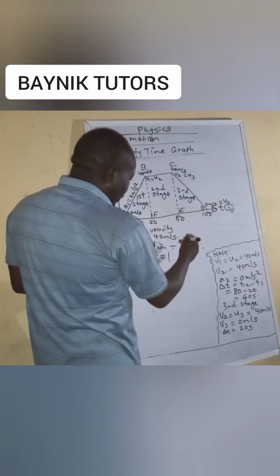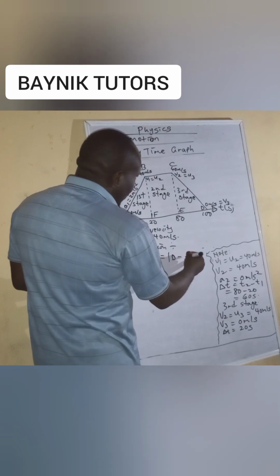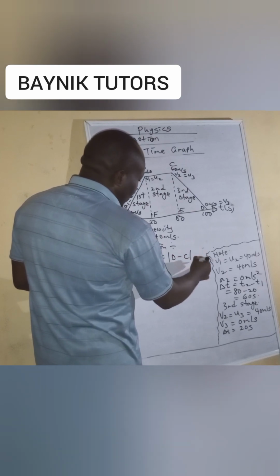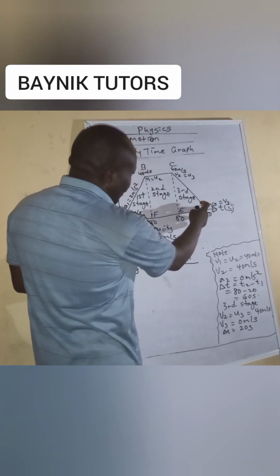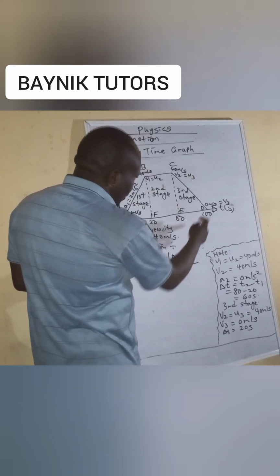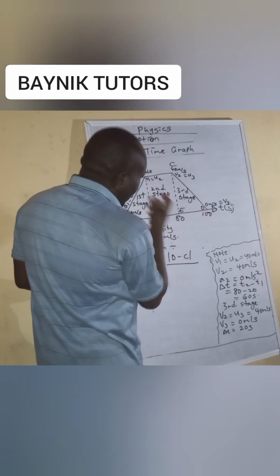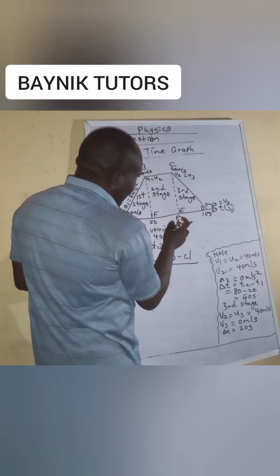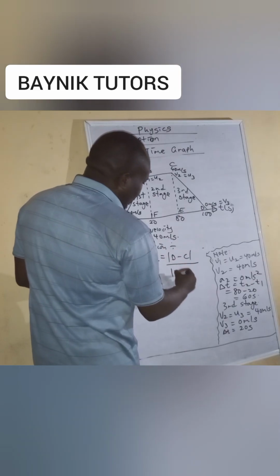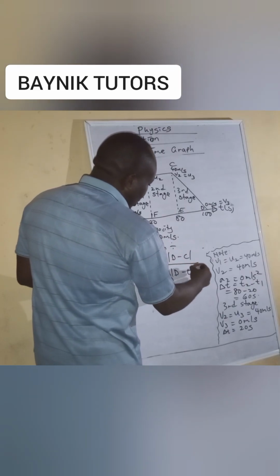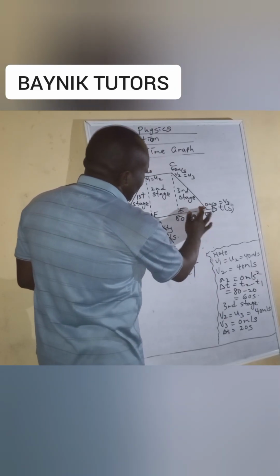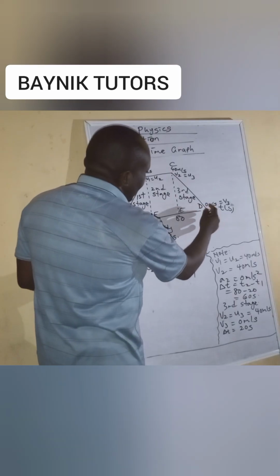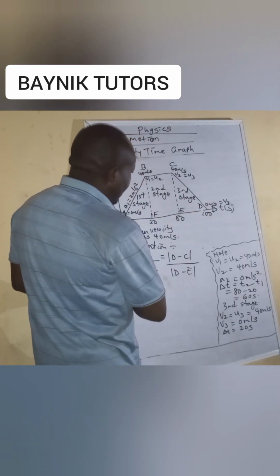So here, D minus C over, that's the final velocity, then the same D again we use for time, so D minus E. So D is standing for both velocity and time there.